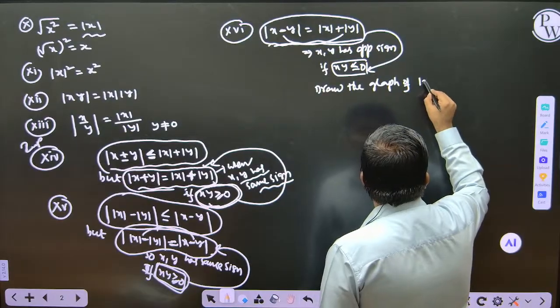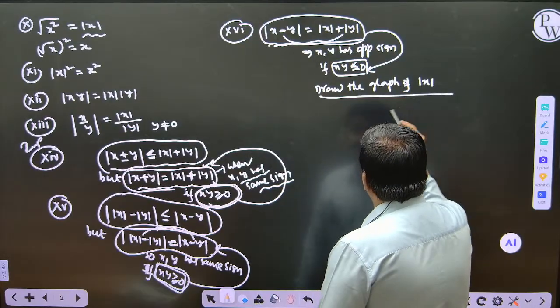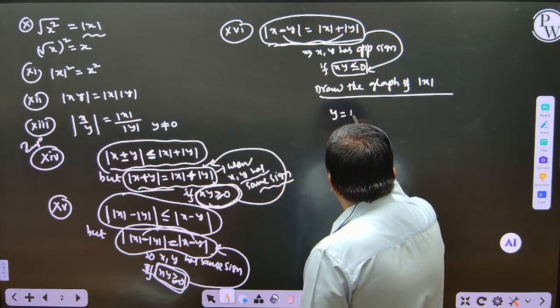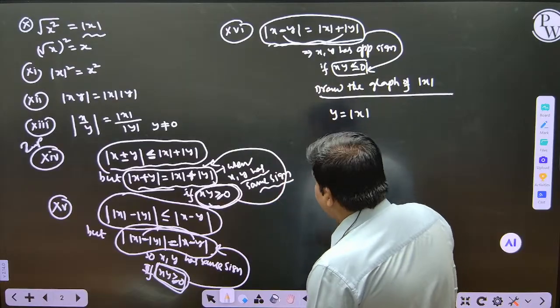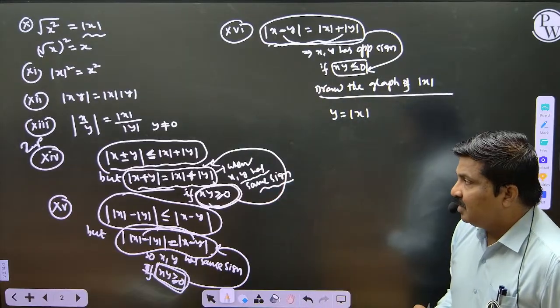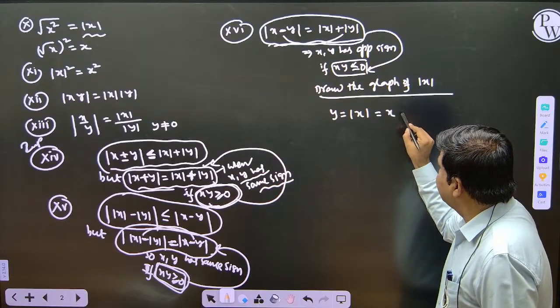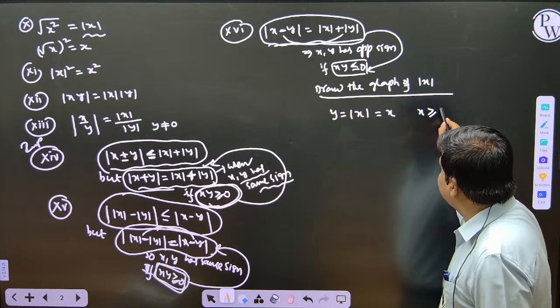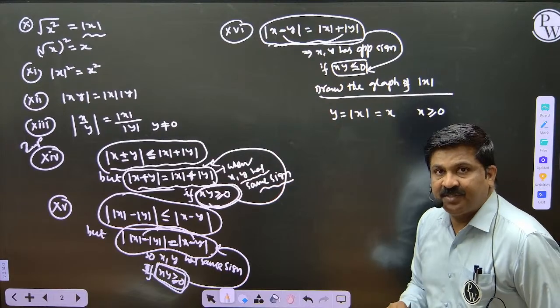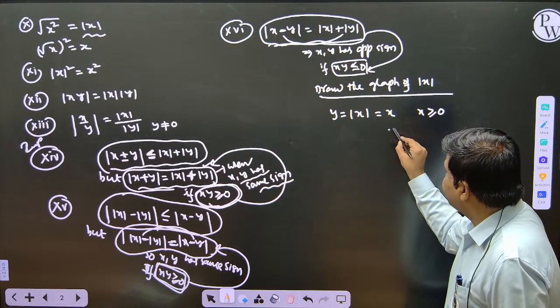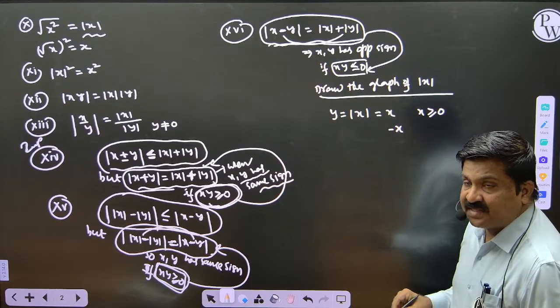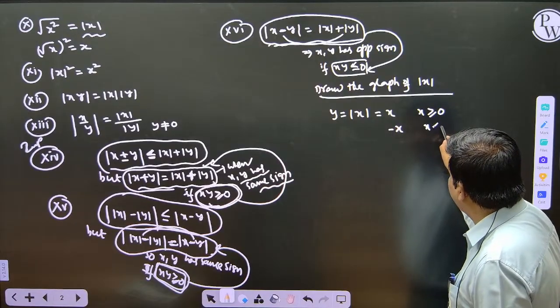Graph of mod x, so that is y is equal to mod x. Already I said how you write mod x. You can write mod x as x whenever x is greater than or equal to 0, but it is written as minus x whenever x is less than 0.